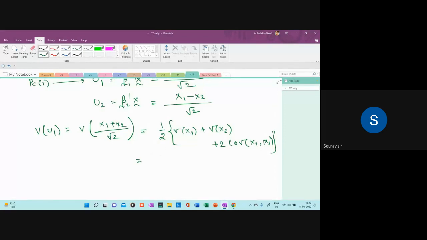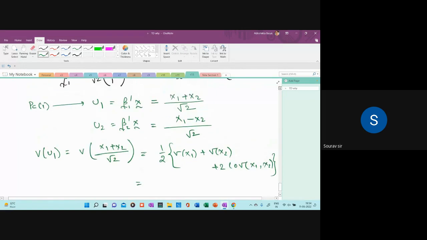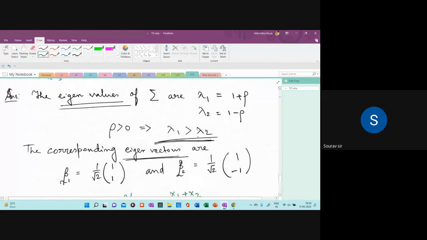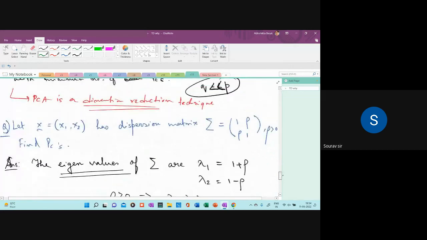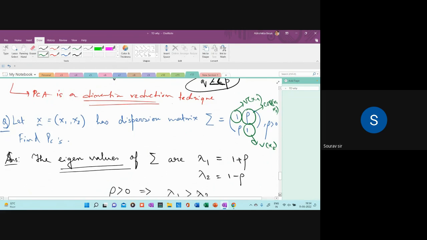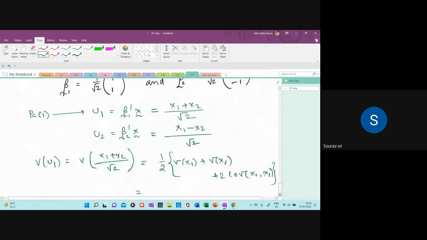From this matrix sigma, it is very clear that the variances of x1 and x2 are 1, because this denotes variance of x2, this denotes variance of x1, and this denotes covariance of x1 x2. So we need to put these values over here.